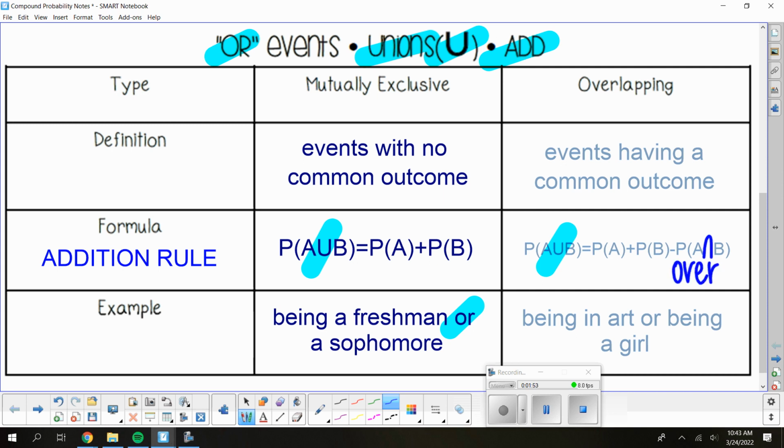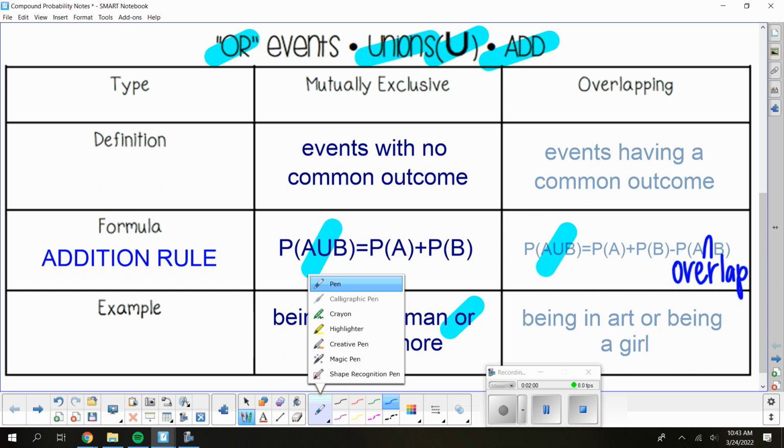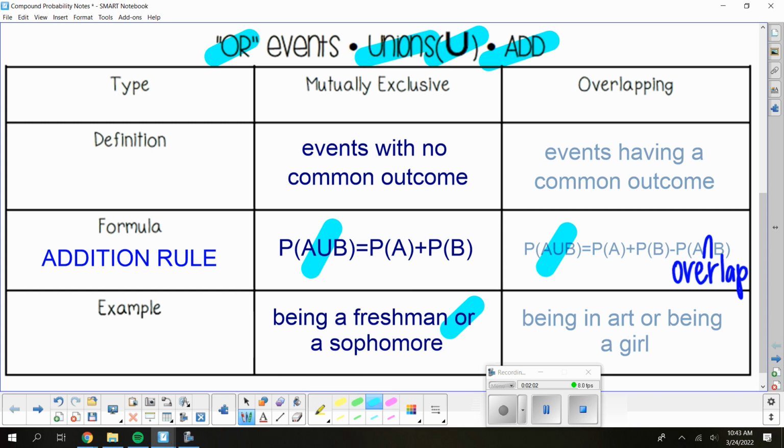So we must subtract the overlap, the ones that are in both categories. An example is being in art or being a girl. Your keyword of or is in there, and you could be in art class and also be a girl. So we'd have to subtract out the things that we counted twice, essentially.